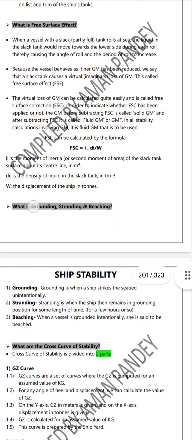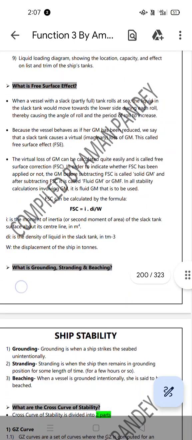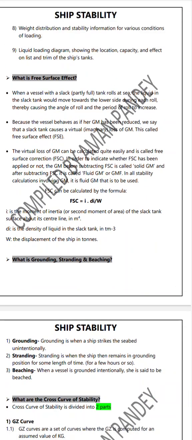What is FSC? FSC is nothing but a slack tank in which the liquid shifts to one side, causing a virtual loss of GM. It can be measured by the moment of inertia of that compartment and the density, divided by the weight of the ship.